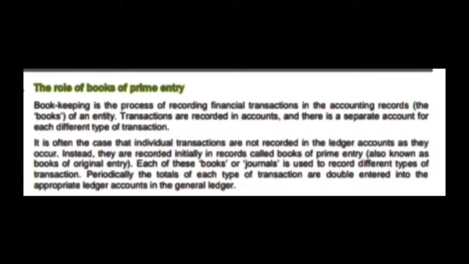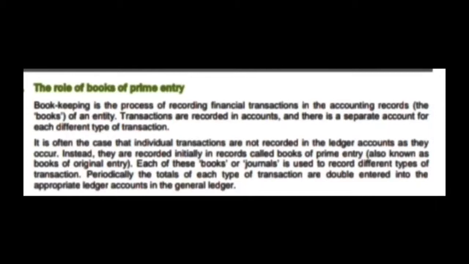Why is that so? Because if you record individual accounts, say we have customers Mr. X, Mr. Y, Mr. Z, and thousands of customers like this, and you record each and every customer singly, individually, that will create thousands of books of the company in a year.